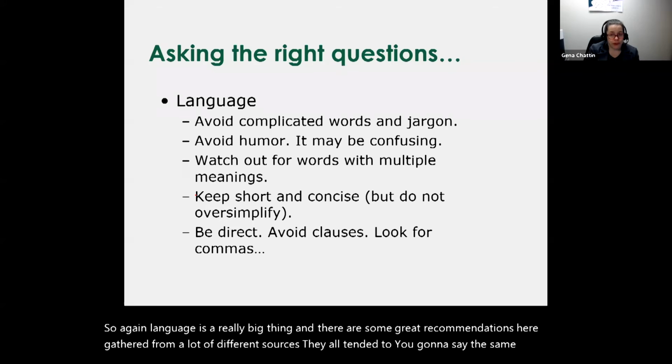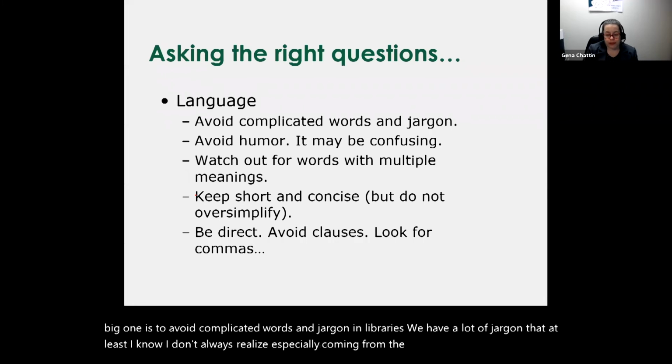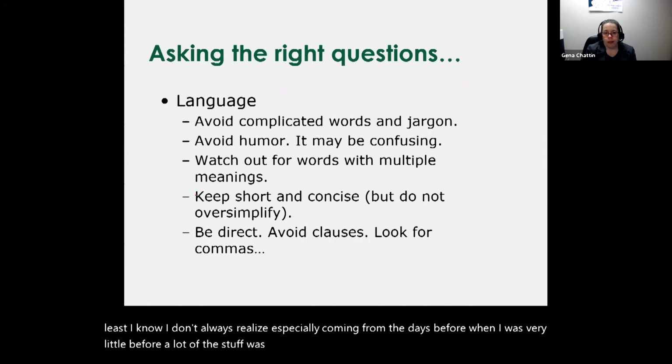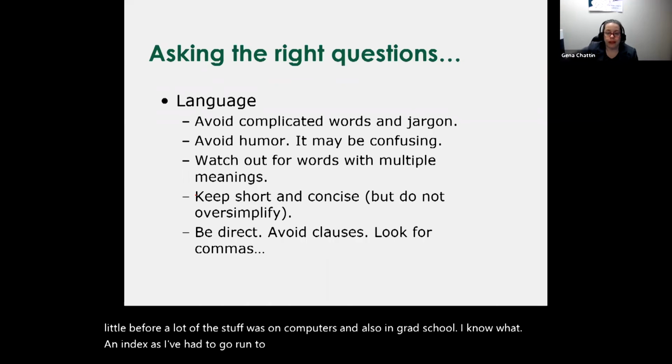A big one is to avoid complicated words and jargon. And in libraries, we have a lot of jargon that, at least I know, I don't always realize, especially coming from the days before, when I was very little, before a lot of the stuff was on computers. And also in grad school, I know what an index is. I've had to go run to the shelf and grab an index off the shelf from like 1930 and look up articles.